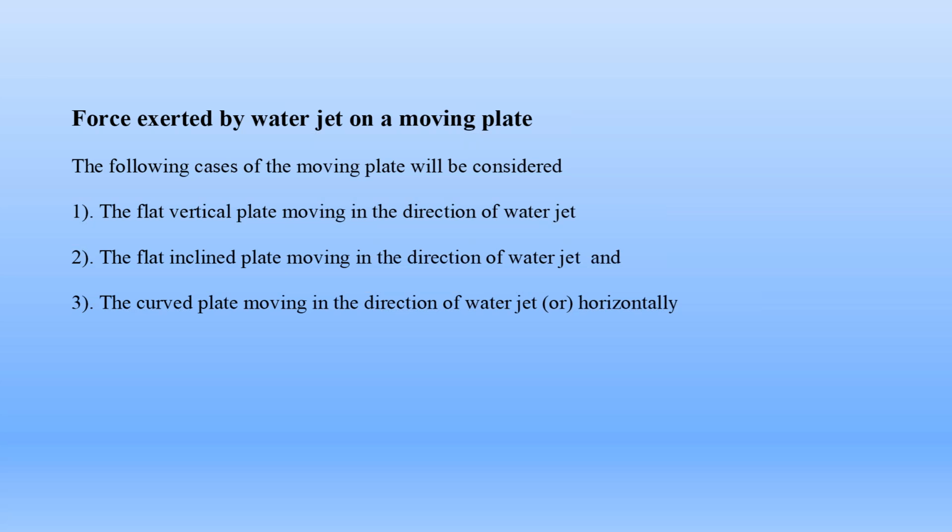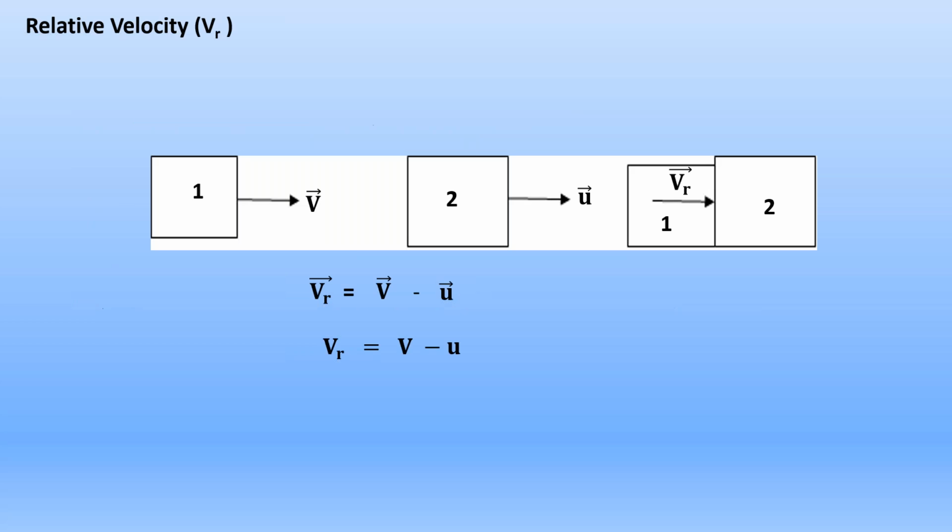That relative velocity concept we are going to apply in the moving plate. So when the water jet and also the plate both are in the moving condition, we must apply that relative velocity. So first understand some basics in the relative velocity. In the diagram on your cell phone screens, the first body is moving with velocity v̄.